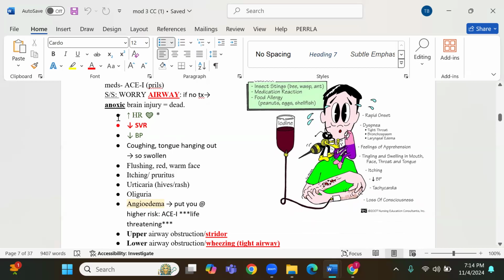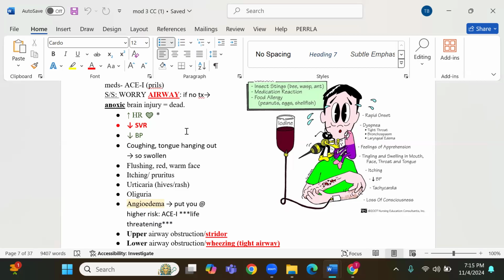But what you'll see if you're in the ICU is increased heart rate, decreased SVR, decreased blood pressure. I don't know that you have to remember decreased SVR, but I would say the blood pressure drops because the body massively vasodilates, but the heart speeds up because it's like, where's all the blood? Give us more blood. And the heart just knows, hey, pump faster to try to give more blood.